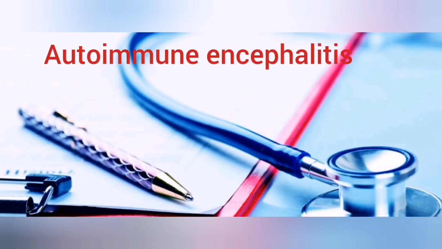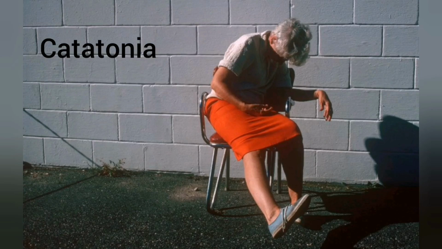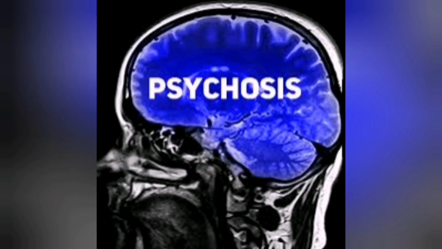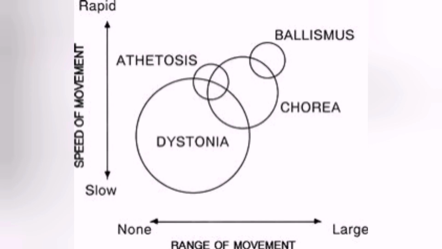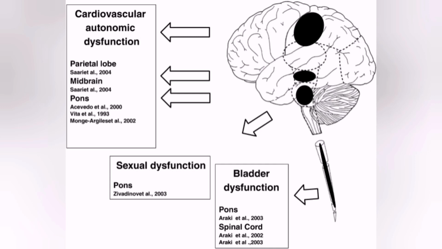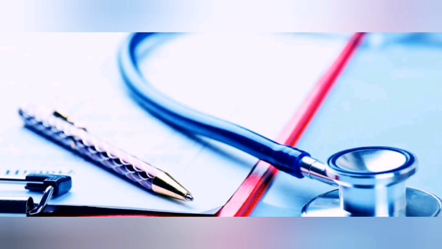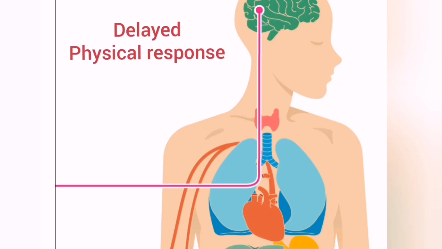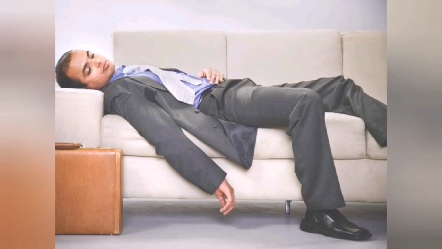Autoimmune encephalitis signs include catatonia, psychosis, abnormal movements, and autonomic dysregulation. Encephalitis lethargica is identified by high fever, headache, delayed physical response, and lethargy.